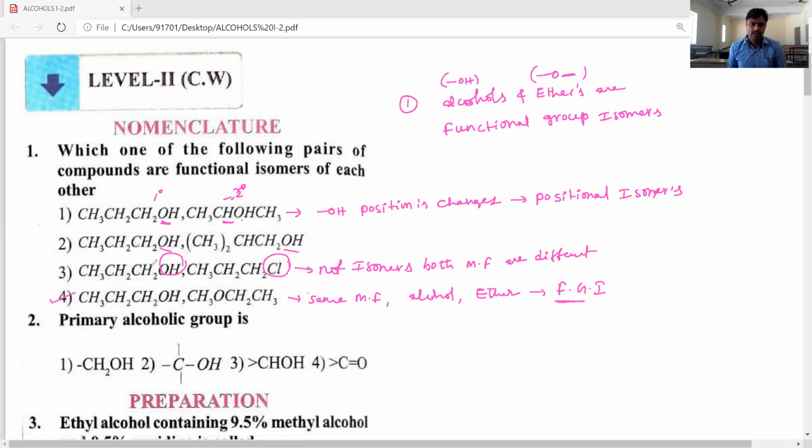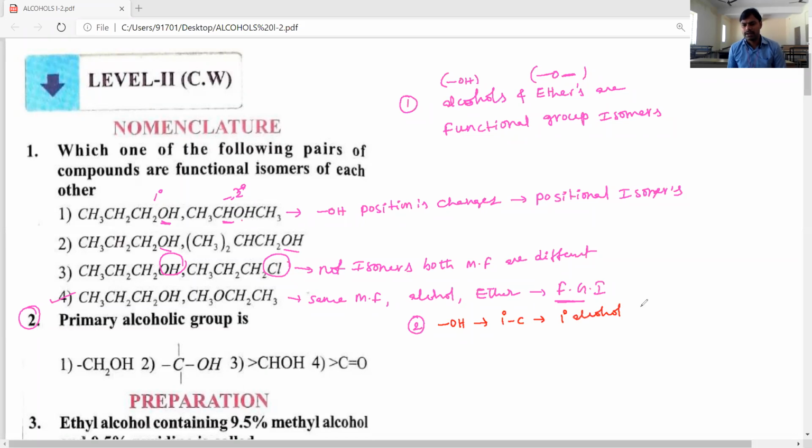Okay, students. Now let's see the second question. Among the following, which is a primary alcoholic group? It's very easy, just fundamental. What is the meaning of primary alcohols? If the OH group is connected to a primary carbon, those are called primary alcohols.